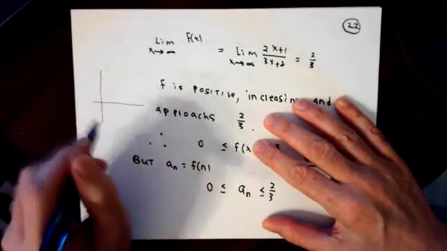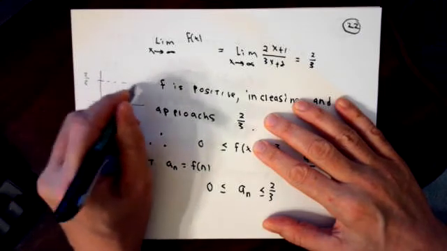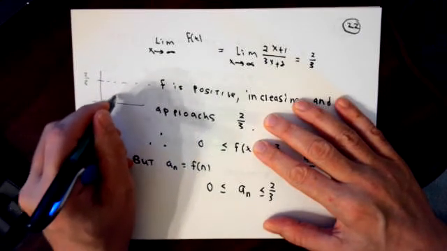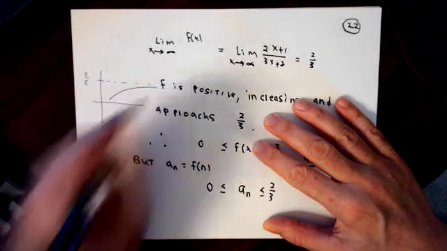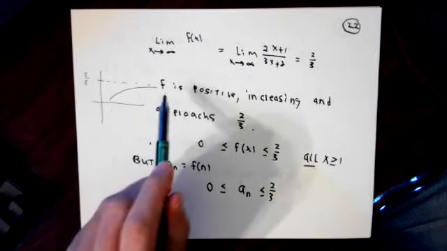So loosely speaking, the f function looks like that. All f of x values in the interval from x equal 1 to infinity are less than 2/3. We already know they're all positive and they are increasing.